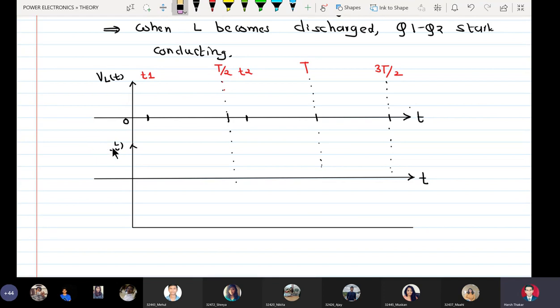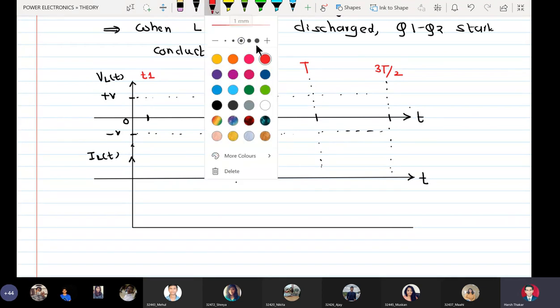Let me take this down a bit. Load current, plus V, minus V. The load voltage will not have any change.